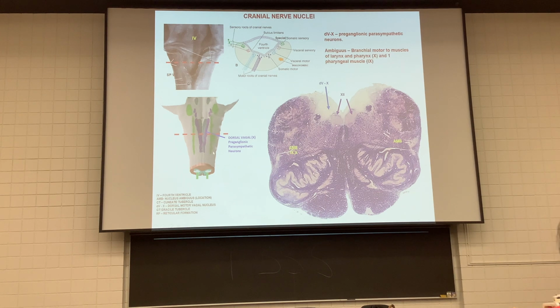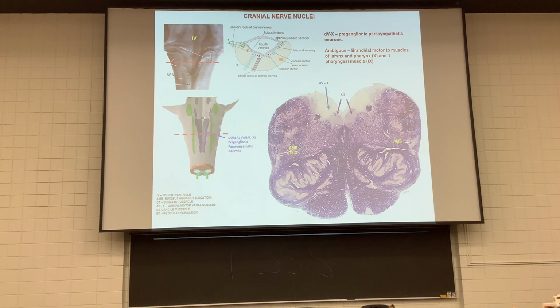And the nice thing about this view is it lets you know that these nuclei are not planar. They're not going to be in one little section. Hypoglossal pretty much begins at the obex and comes way up almost to the pons.